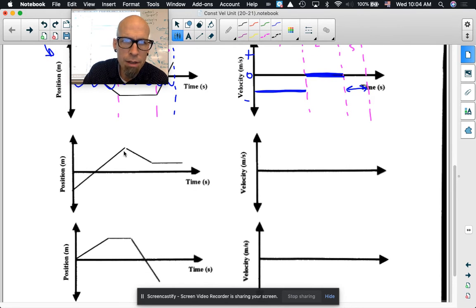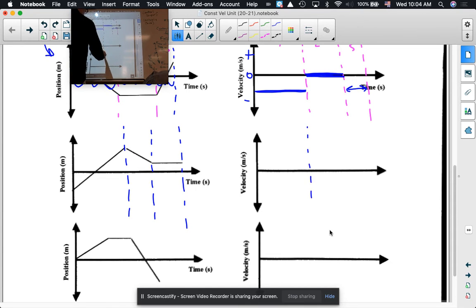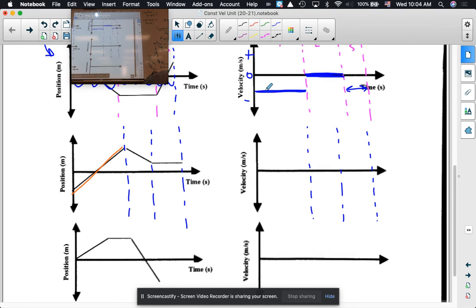Position-time graph here. Again, we have sections. Let me divide it out into sections. That one would be kind of wide like this, and then narrow, and about the same narrow. Okay, so how do you describe the slope in the first part? That's positive and constant.